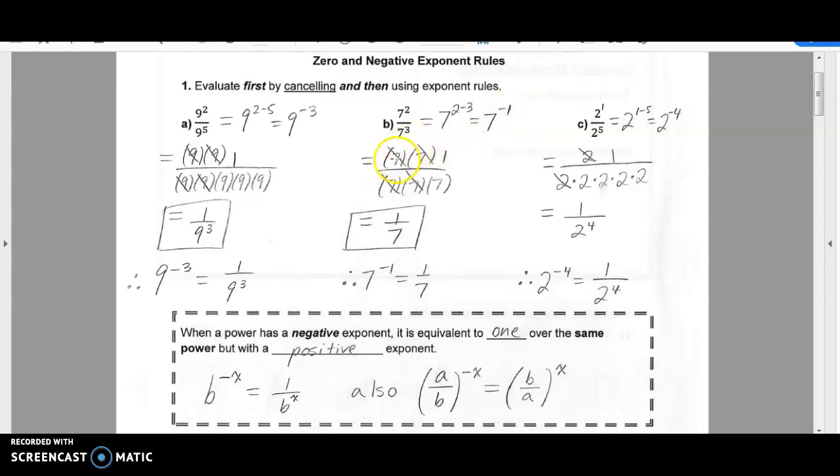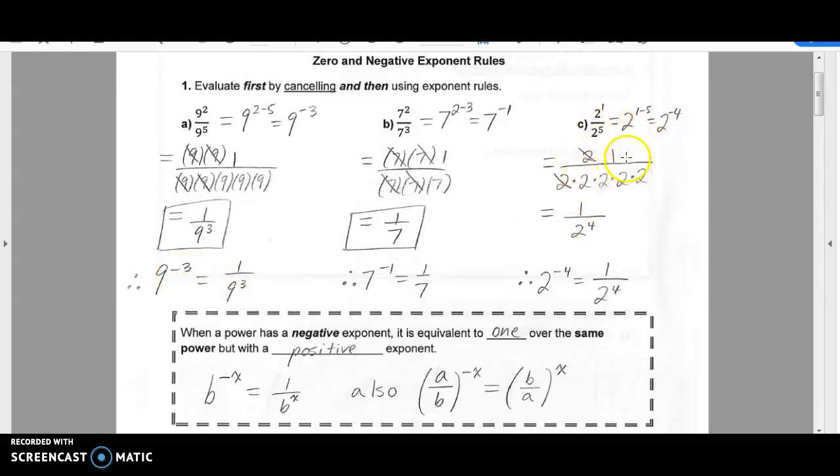If we did it the canceling way, 7 squared in the numerator is 7 times 7, 7 cubed in the denominator is 7 times 7 times 7. So these two 7s cancel out with these two 7s, leaving us with 1 over 7. Okay. And 1 over 7 is equivalent to 7 to the negative 1. Just like over here, we saw 1 over 9 cubed is equivalent to 9 to the negative 3.